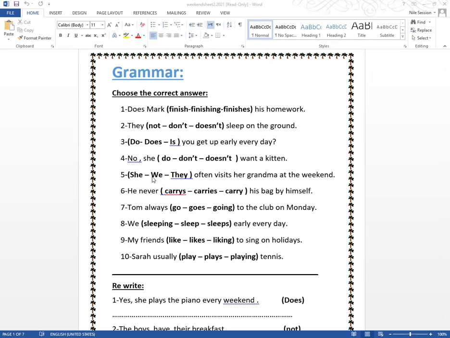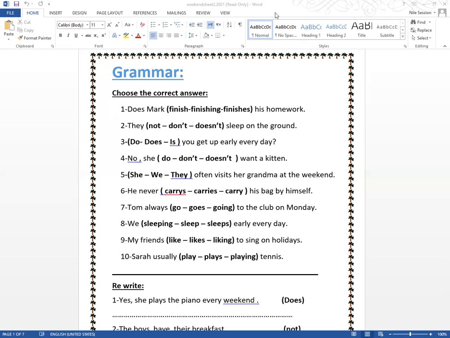Number 6. He never carries his bag by himself. Why? As carry ends in Y, and before Y is a consonant letter. So what shall we do? We said change the Y to I and put ES. So he never carries his bag by himself.